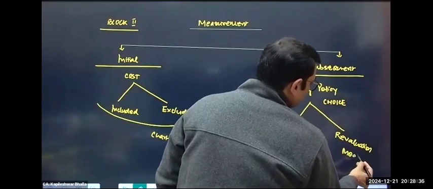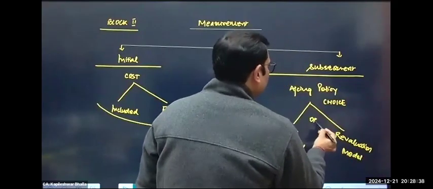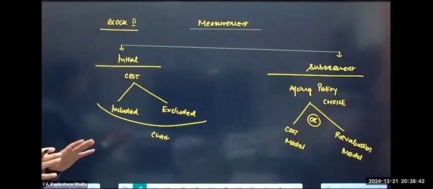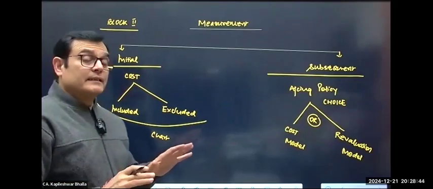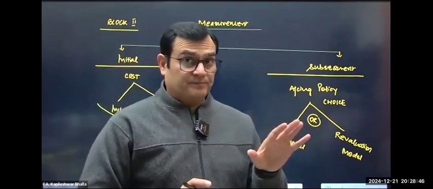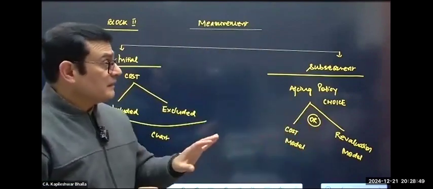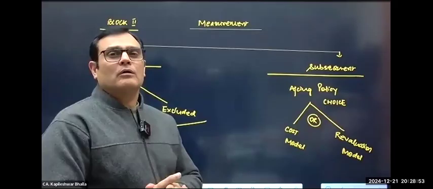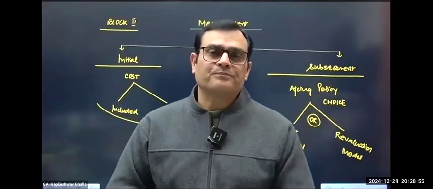So the company can either choose a cost model or the company can choose a revaluation model. So this is a summary in terms of the measurement aspects. That initial measurement is cost. Subsequent measurement depends upon the choice of the company. They can choose a cost model or they can choose a revaluation model.